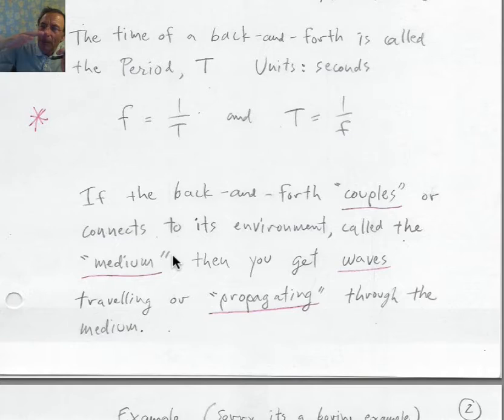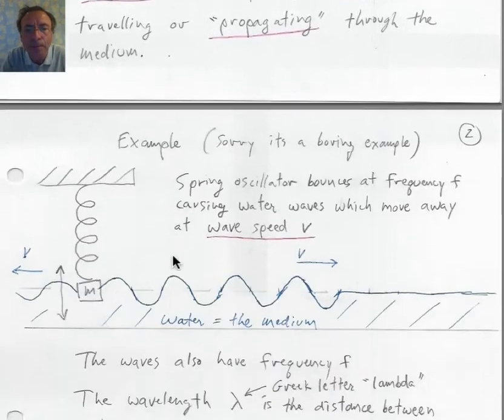So the vibrations of the thing that's vibrating somehow connect to the stuff around it. It could be air, it could be water, and it makes the stuff around it vibrate, and those vibrations move through the material, and those are the waves.